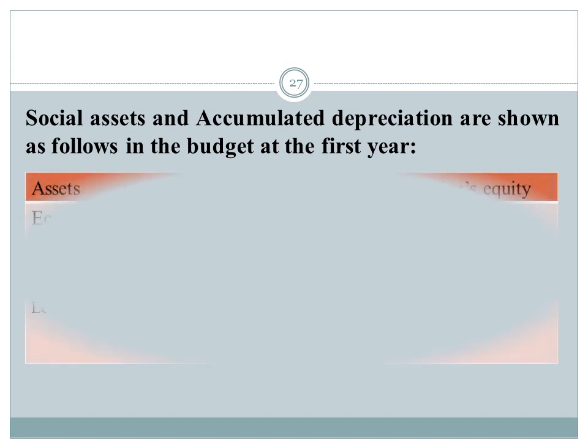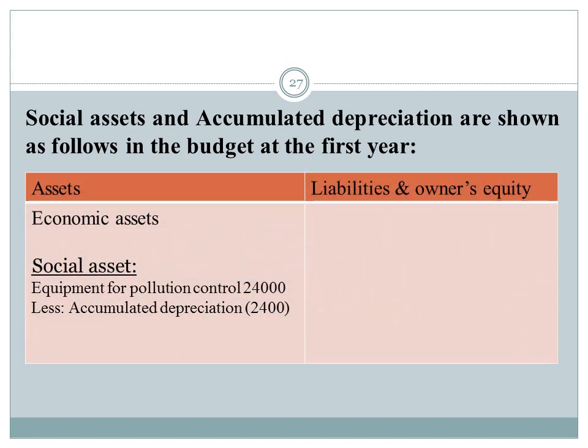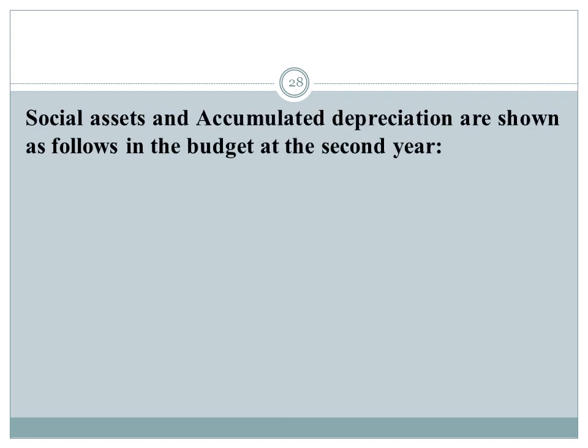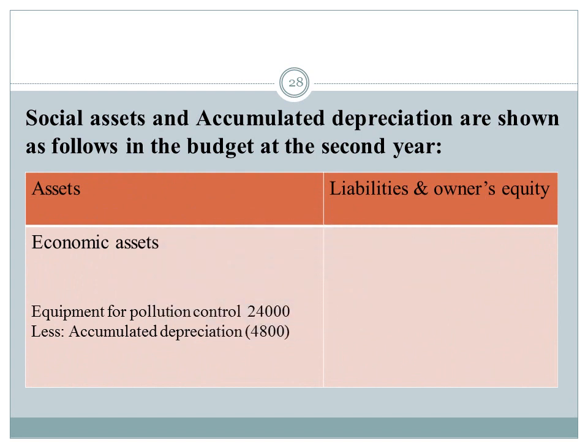At the first year, social assets, equipment for pollution control 24,000, accumulated depreciation 2,400 appears in the assets at the end of the first year. Social assets and accumulated depreciation, second year, historical cost of equipment the same amount 24,000, accumulated depreciation 4,800.